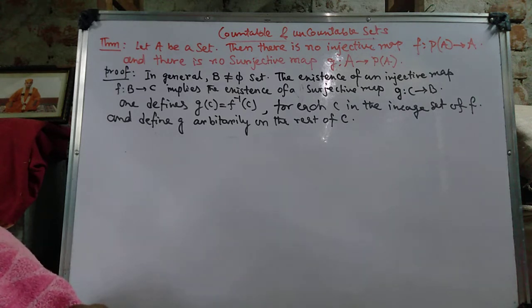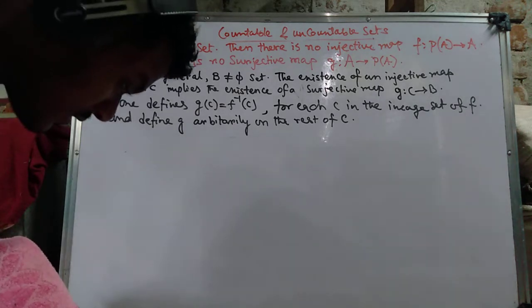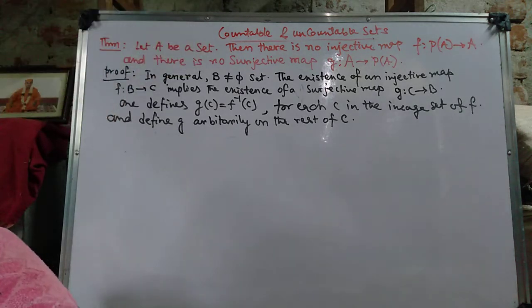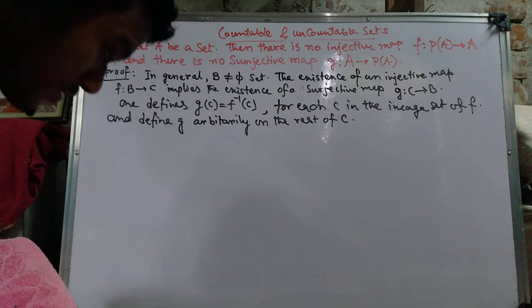The existence of an injective map f from B to C implies the existence of a surjective map g from C to B.